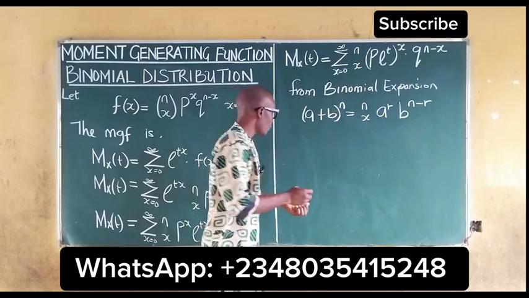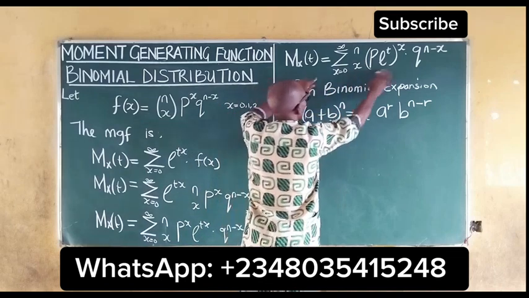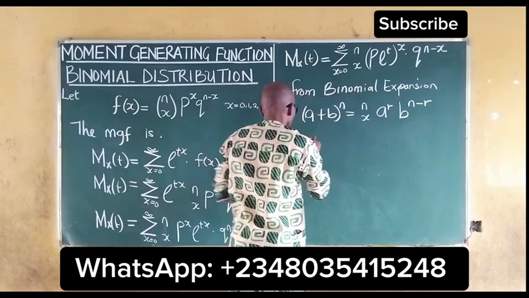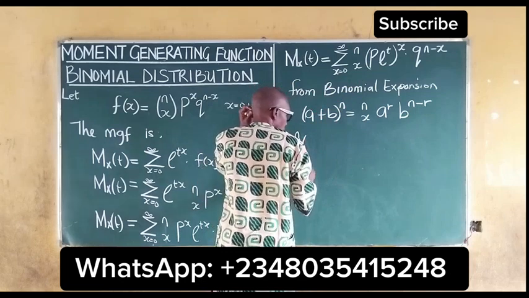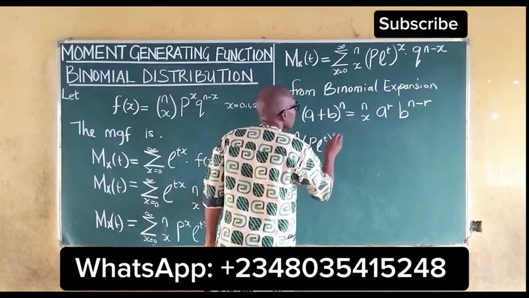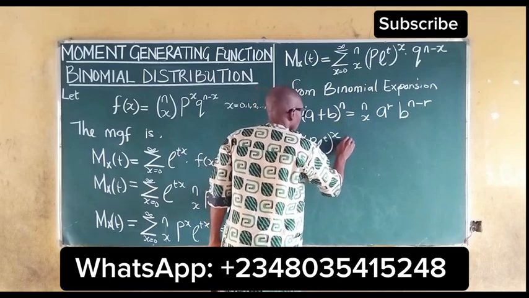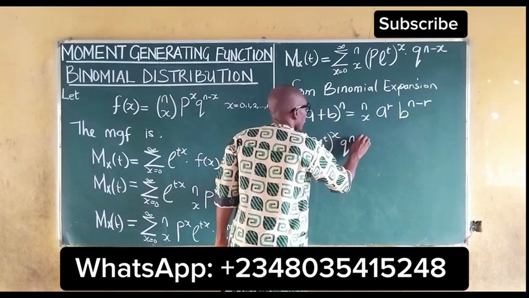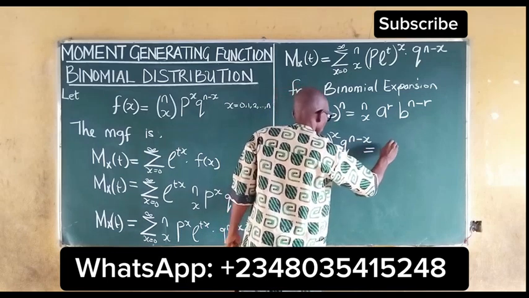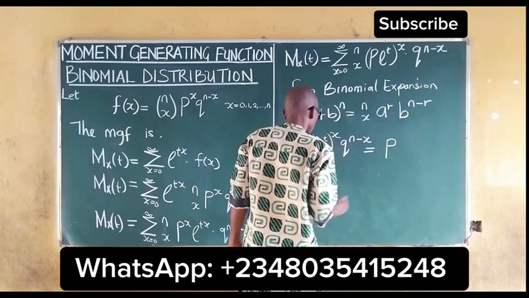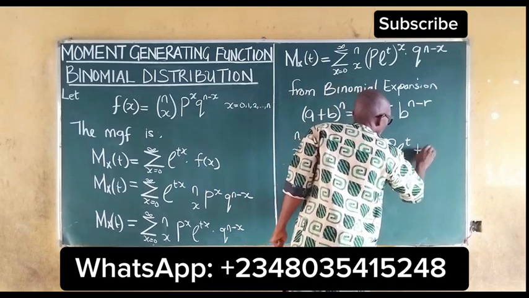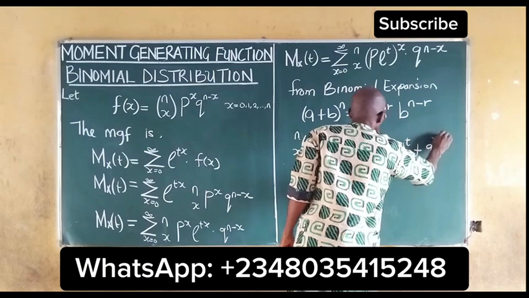We have n choose x, (p e^t) raised to the power of x, q^(n-x), to be equal to (p e^t + q) raised to the power of n.